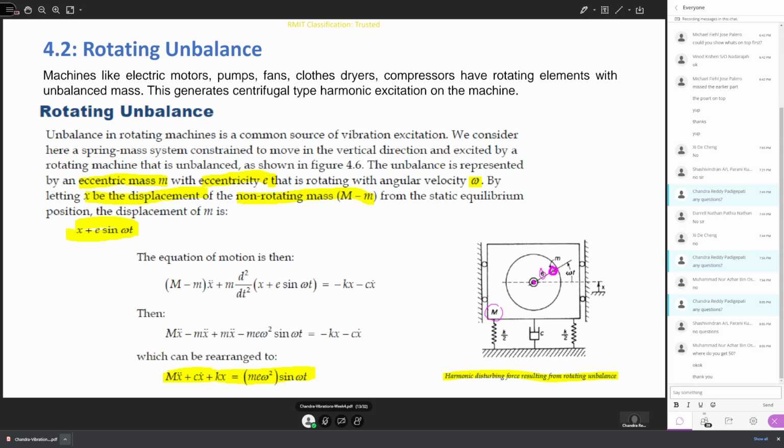This small m is the unbalanced mass, and the entire mass of the system is capital M. This is supported by the springs and also a damper. So basically you have the damped vibration, but here the force is coming due to the unbalanced force.